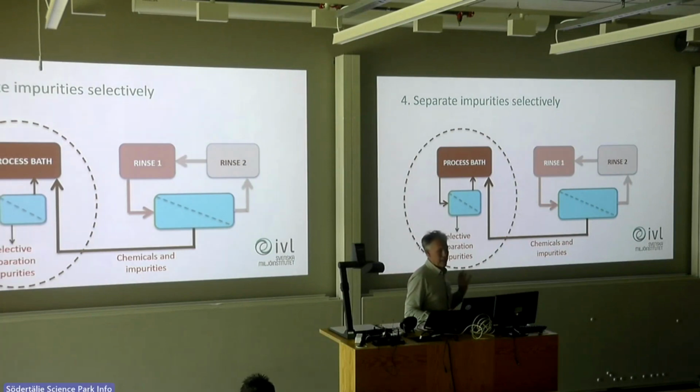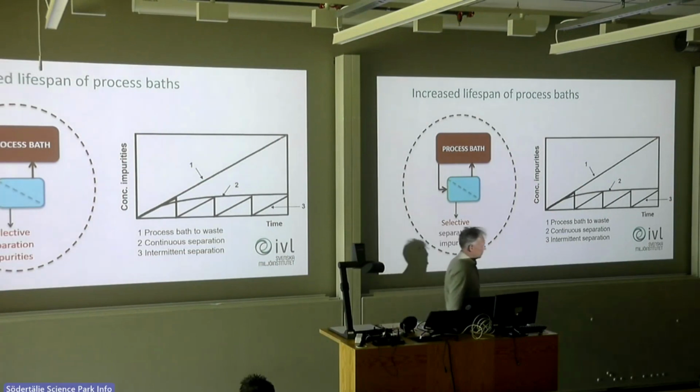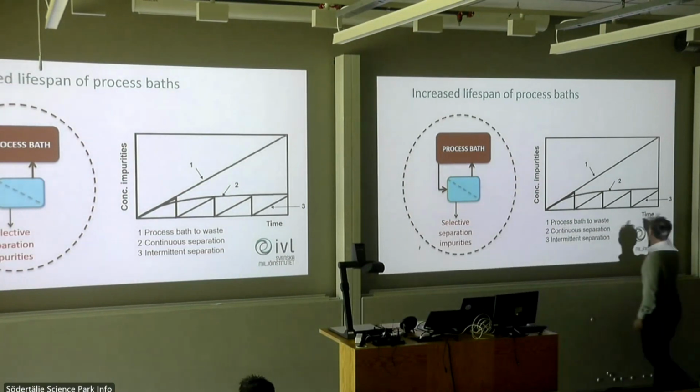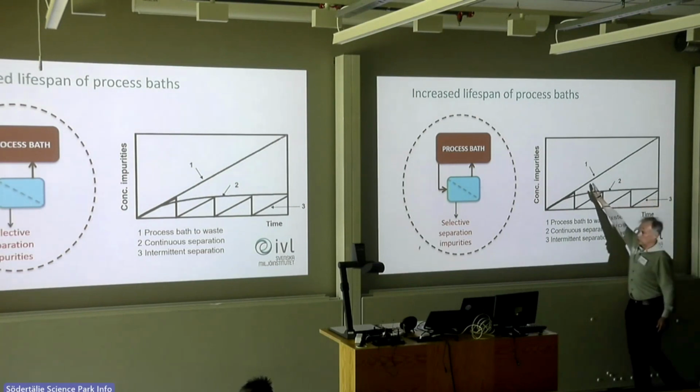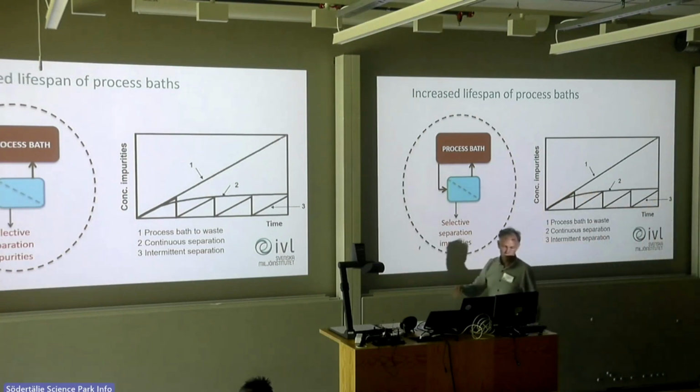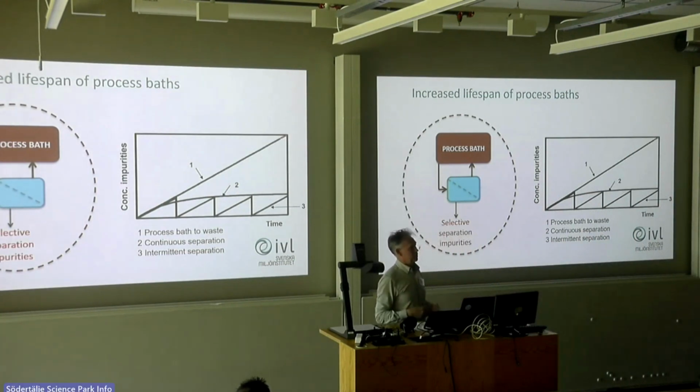And you also have knowledge of, for example, maybe this is an acceptable level of impurities. Normally you run it to that point, or you just spend the bath after 2 weeks or 2 months.